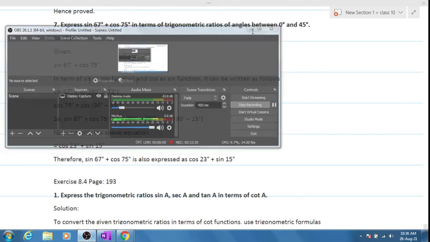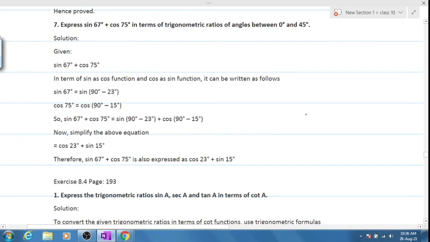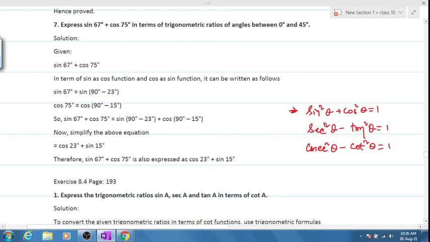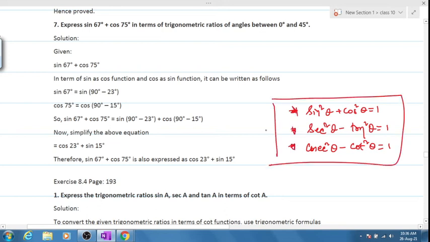Before starting exercise 8.4, did you all copy these formulas? Sine squared theta plus cos squared theta equals 1, yes or no? Sec squared theta minus tan squared theta is 1, and cosec squared theta minus cot squared theta equals 1. These are the three most important formulas that we will require in trigonometry. I would expect you all to copy this down.